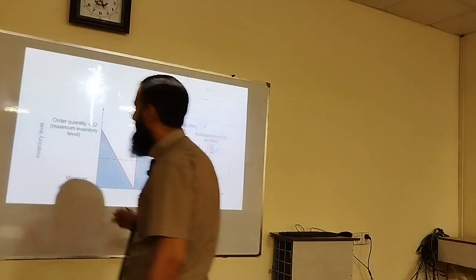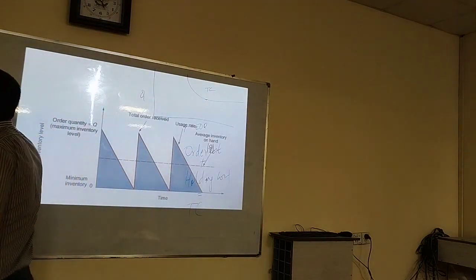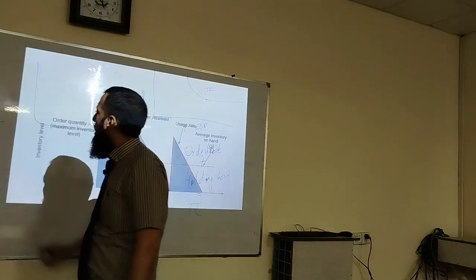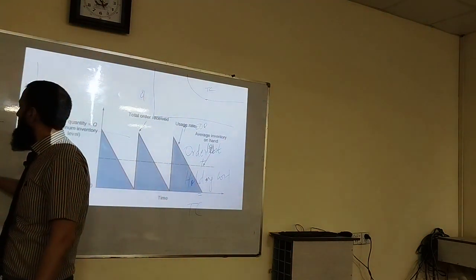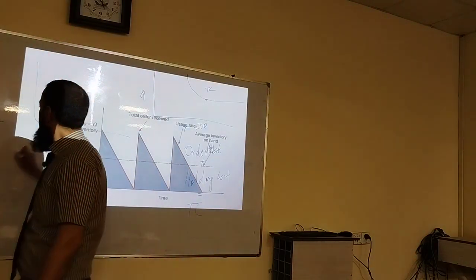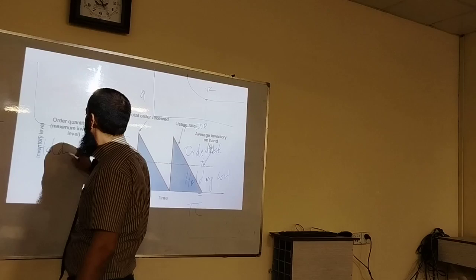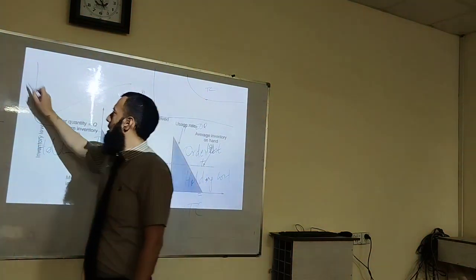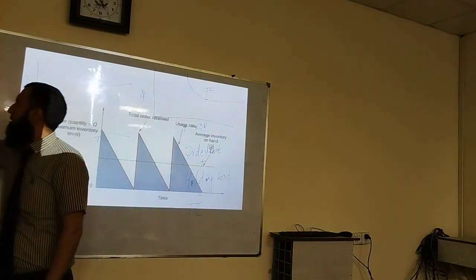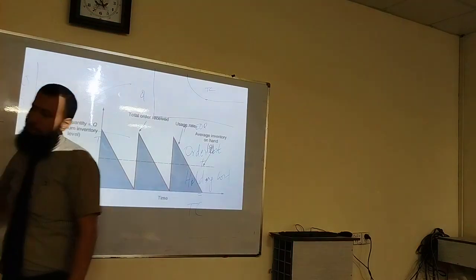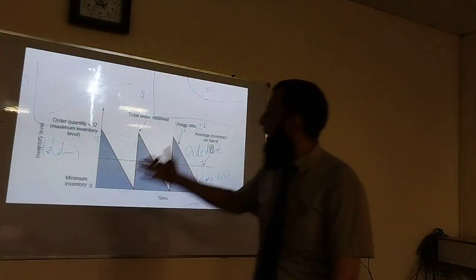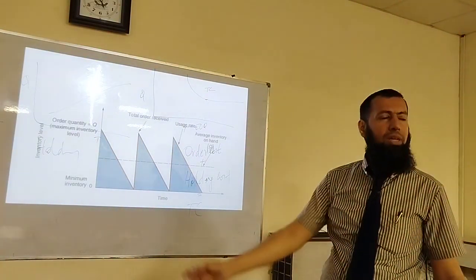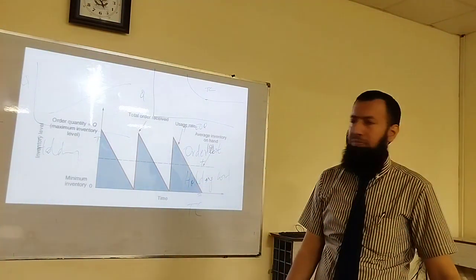If you see the ordering cost and holding cost, the holding cost keeps increasing with the passage of time. When you increase the inventory, when you increase the quantity, the holding cost keeps increasing.